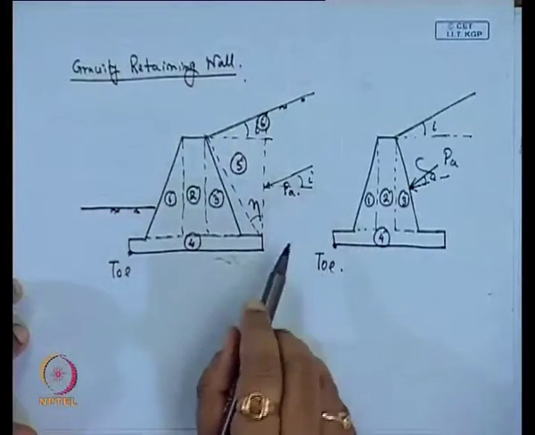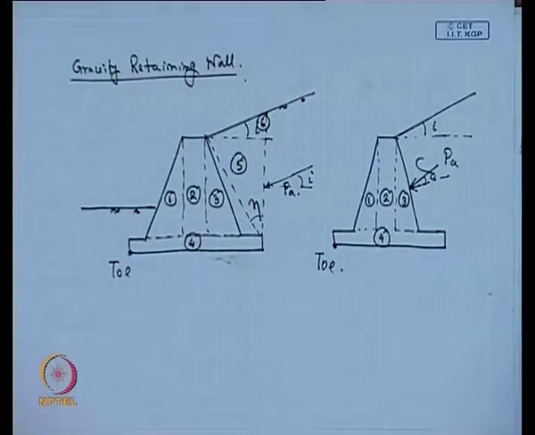So, these are the design procedures that we have mentioned for this class, that is how the dimension of the retaining wall can be chosen for different conditions, and what are the differences between the different types of retaining structure, that is gravity, semi gravity, cantilever and counterfort retaining wall.